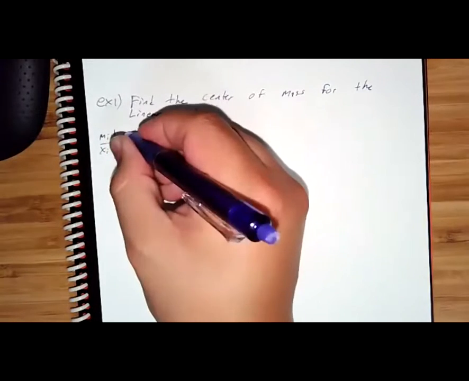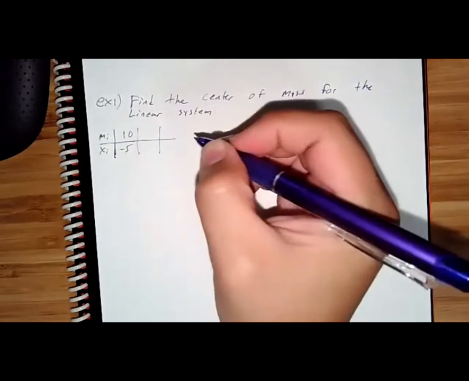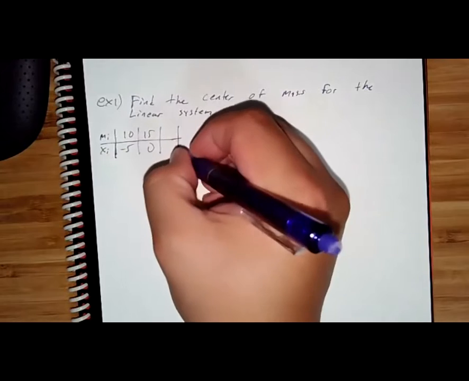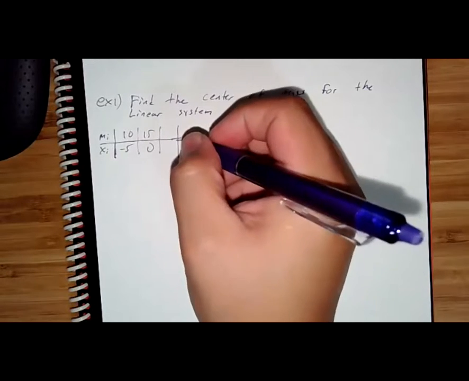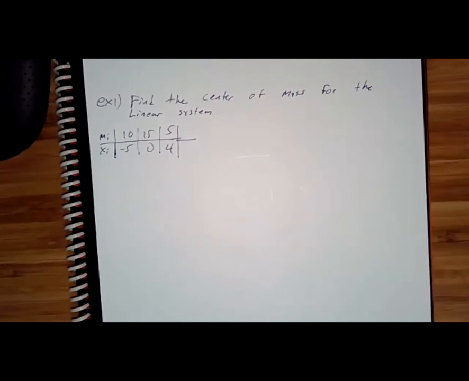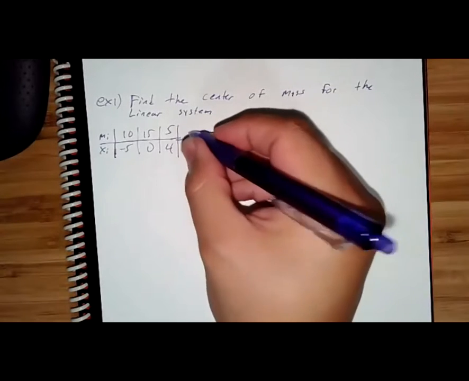So we had 10, -5, and 15, 0. We had 5 and 4. And 10 and 7.